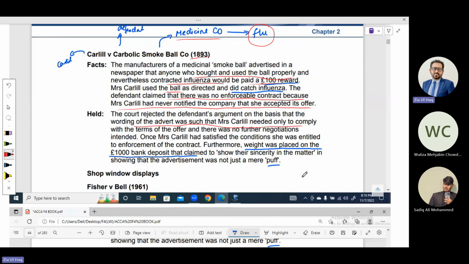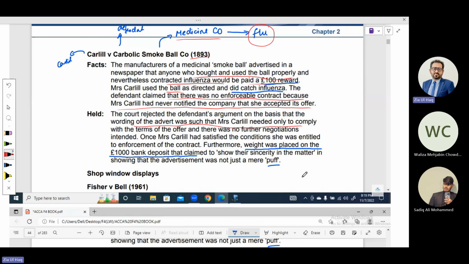Advertisements are invitations to treat rather than offers. But if in an advertisement you have clearly stated everything, then that will be considered an offer. And in this case, this advertisement was considered an offer because the company, Carbolic Smoke Ball Company, deposited £1,000 into a bank account to pay the claims.